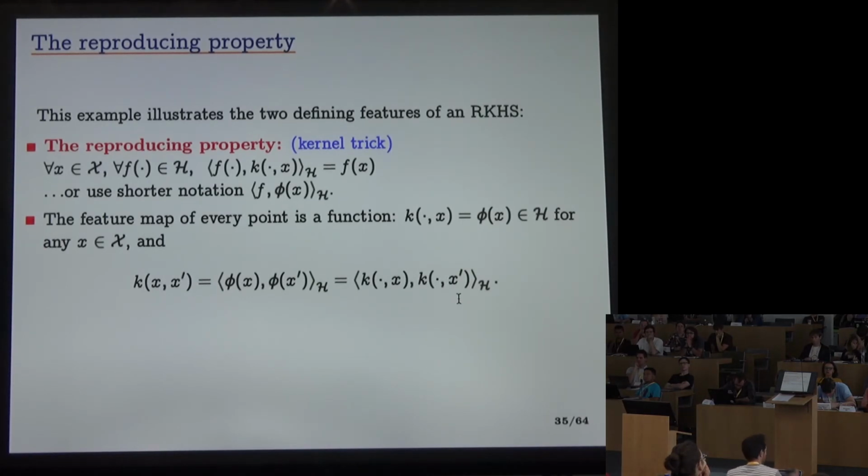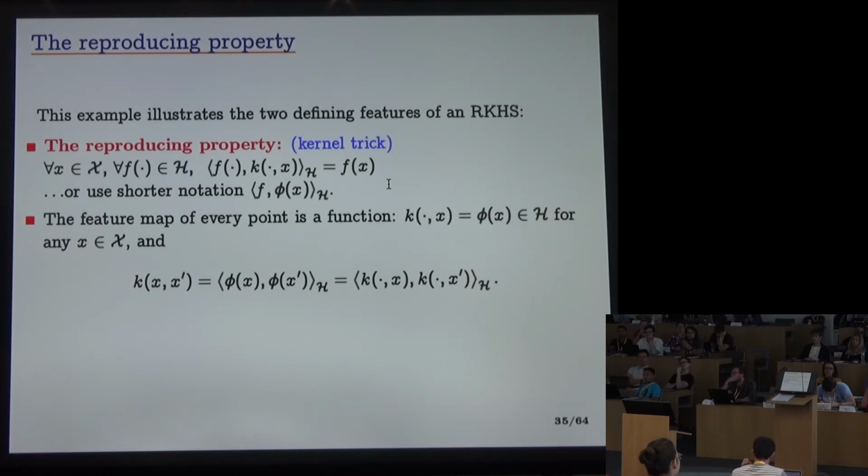This is exactly what they mean. But because of the way that we've approached this, this should be very trivial for you, because we already know that the dot product between features of x and x prime is just the kernel. And we already know that the dot product of f and features of x is f of x by construction.